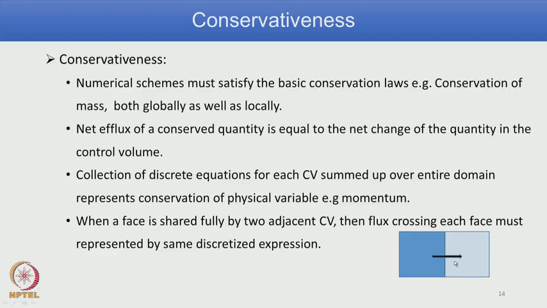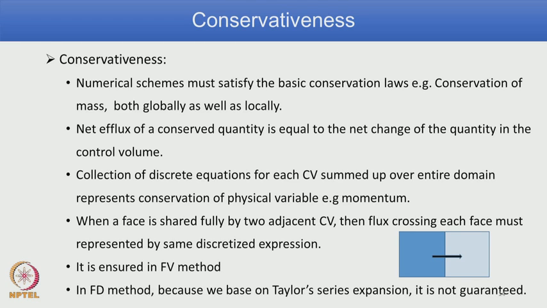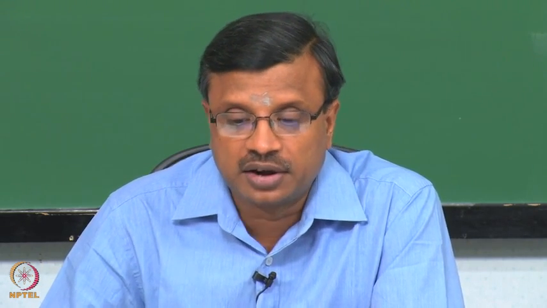If you ensure that for each control volume and sum them up for the entire computational domain, then conservativeness can be ensured. As I mentioned before, in finite volume it is automatically ensured, whereas in the finite difference method, because we are simply following the Taylor series expansion procedure for each nodal location, the overall conservation is not guaranteed.